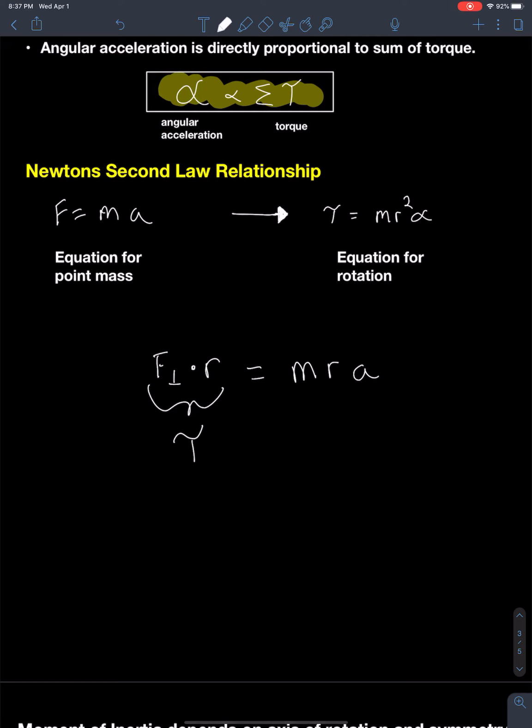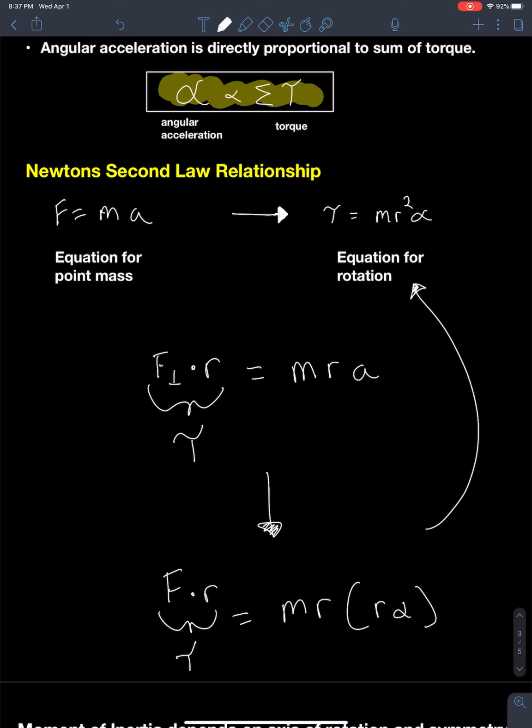So F times r, which is my torque, is equal to m times r times alpha times r. And if you take a look, that's exactly how that equation came about: m times r squared, times alpha, is equal to torque. So what do these terms mean? Well, this term in here is defined as the inertial mass.